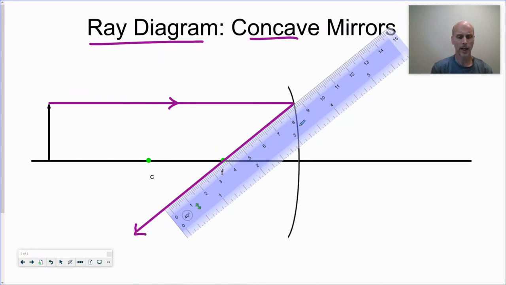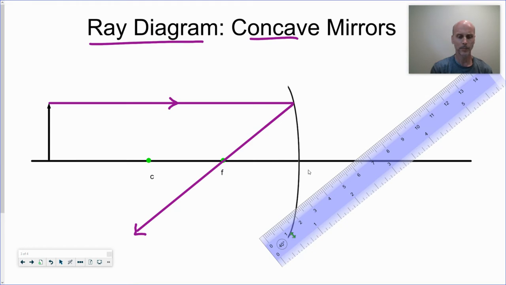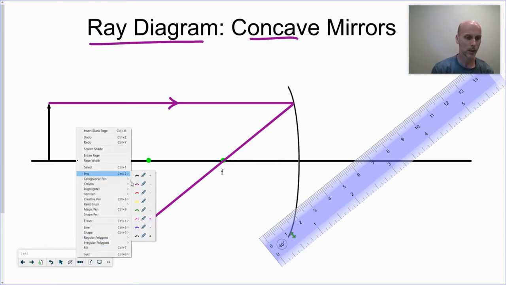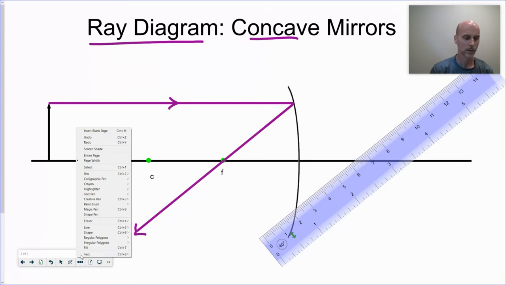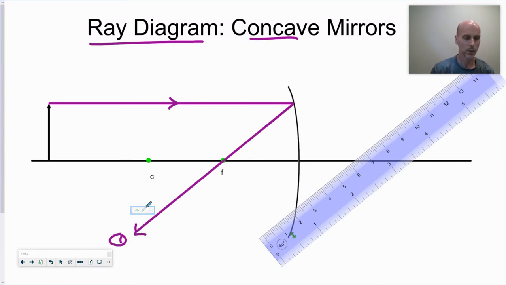As you do more ray diagrams, you'll see sometimes you have to make that reflected ray longer. Sometimes it's not necessary to draw it too long, but I'll start there. So that's my first ray. Let's number that ray number 1. It's the one that I've drawn in purple. The second ray, let's choose a different color here. Let's try green.